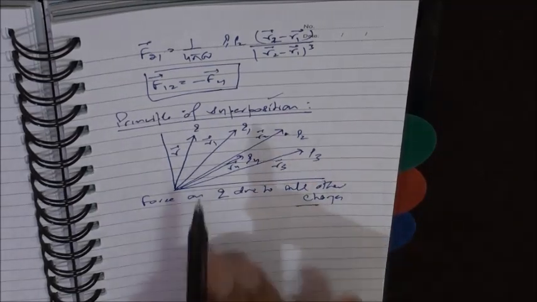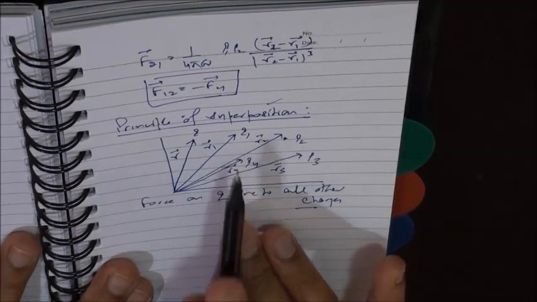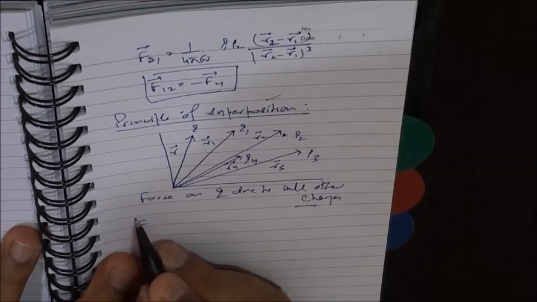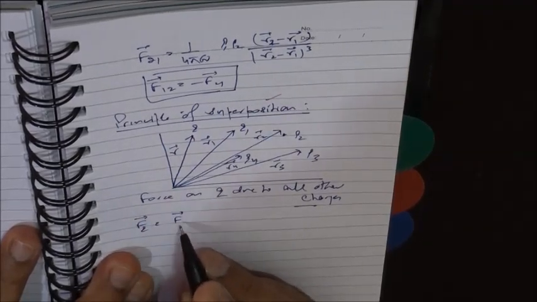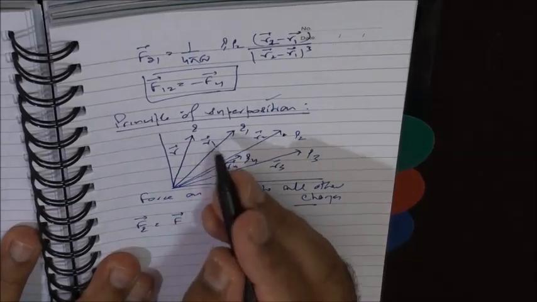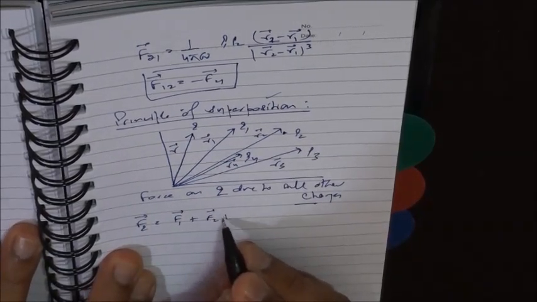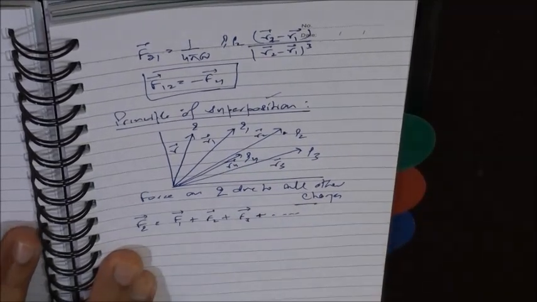But to find the resultant, we need to take a vector sum. So we need the force on Q. It will be the vector sum of the force on Q due to Q1 plus the force on Q due to Q2 plus the force due to Q3 and so on.